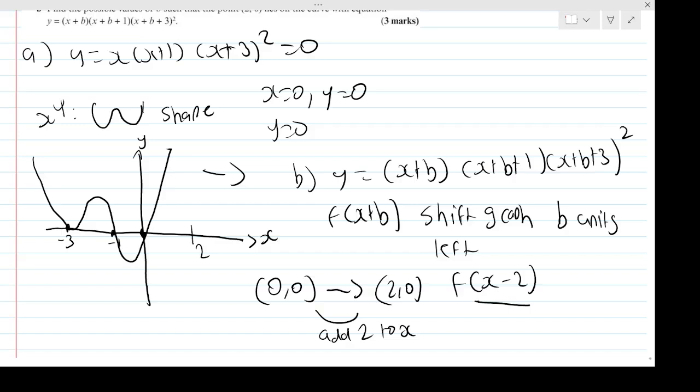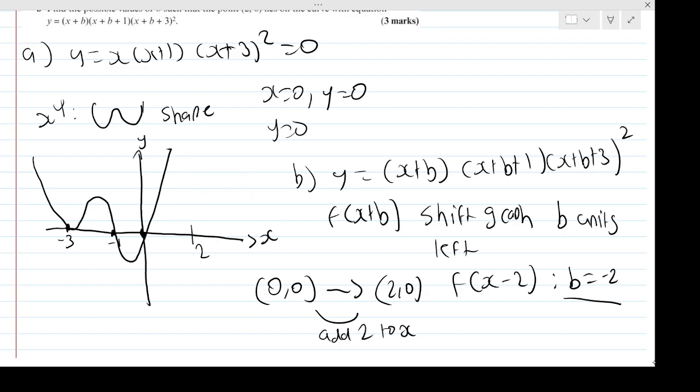So instead of adding 2, I need to subtract 2 in the function. Well, then that would mean b would be minus 2. And that goes with what we said before: if we set b to be negative, instead of going to the left, that indeed would shift the graph to the right.